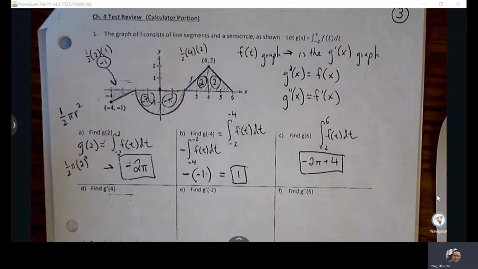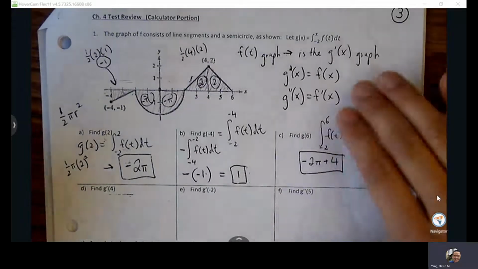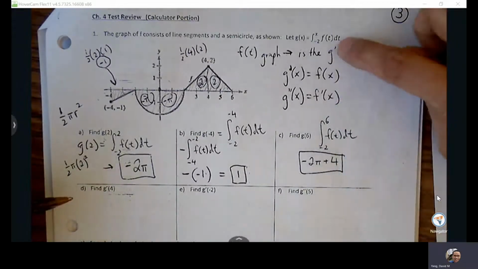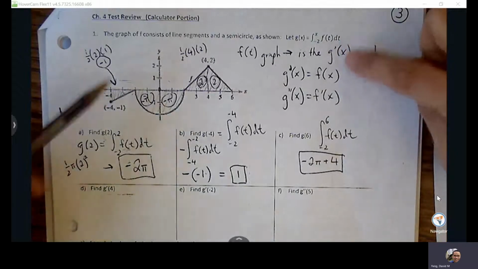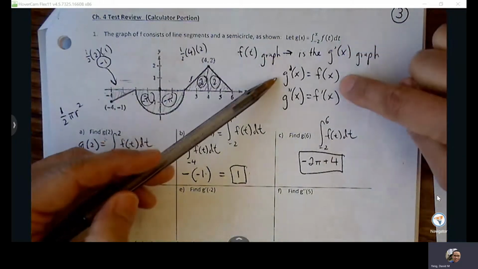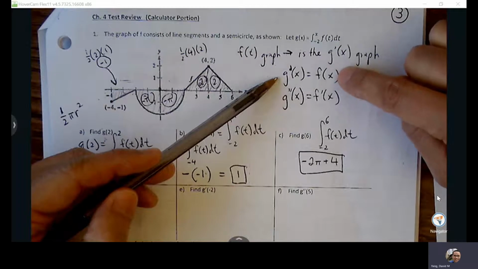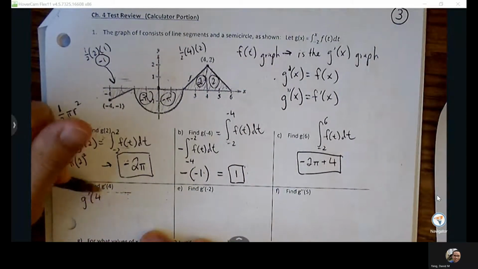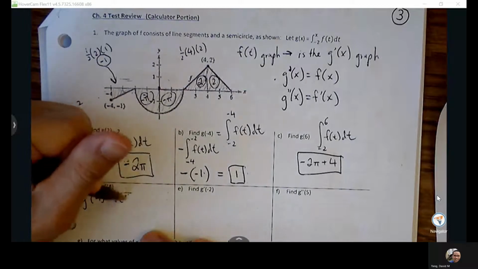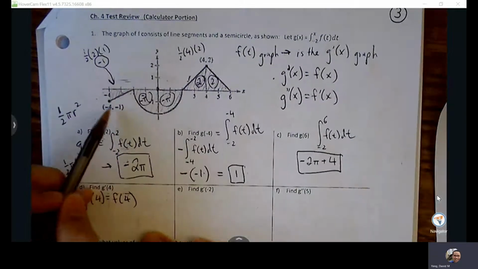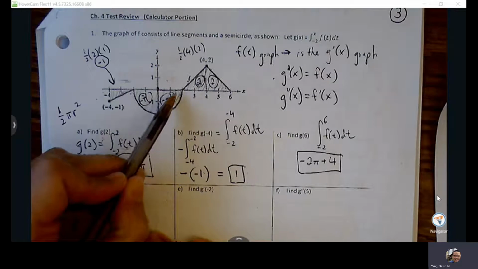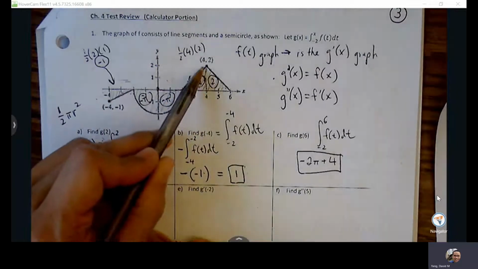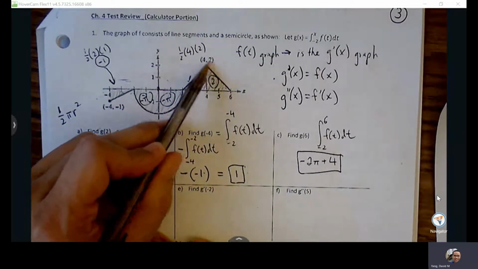Any questions there? Part D, find g prime of 4. So g prime of 4, we go back, we look to see, okay, do we have something for g prime of 4? We do. G prime of 4 is equal to f of 4. And f of 4 is just looking for the y value of the f graph at 4, and we see that y value is 2.